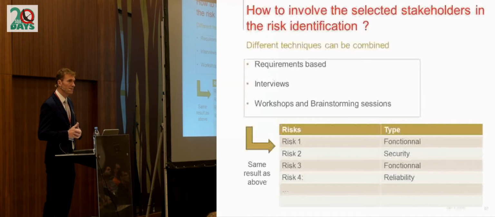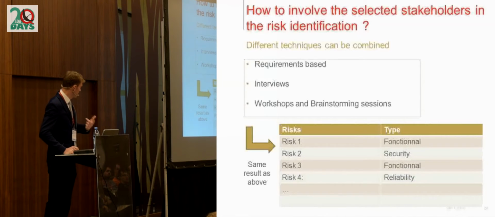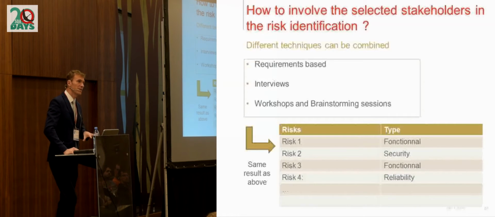If you're working in Agile, you may just take as input the product or sprint backlog to see the expected features of the software. You may also organize interviews of the main stakeholders to collect their ideas about risk. And it's also very useful to organize brainstorming sessions and workshops with people with different skills to identify the risks to be taken into account.